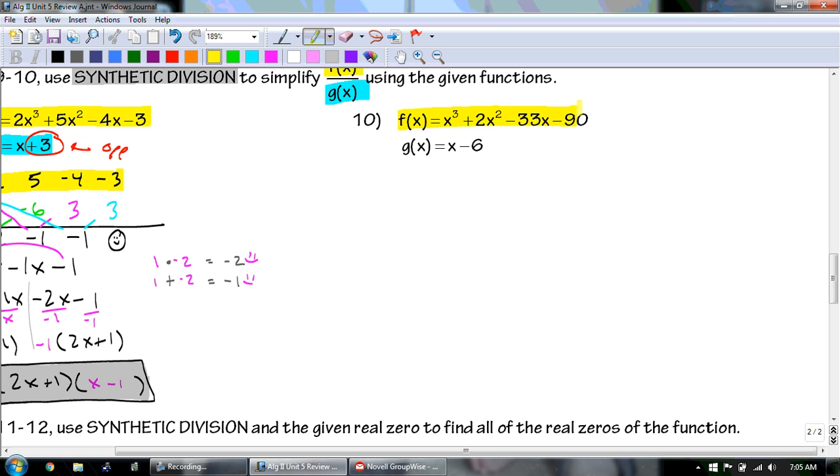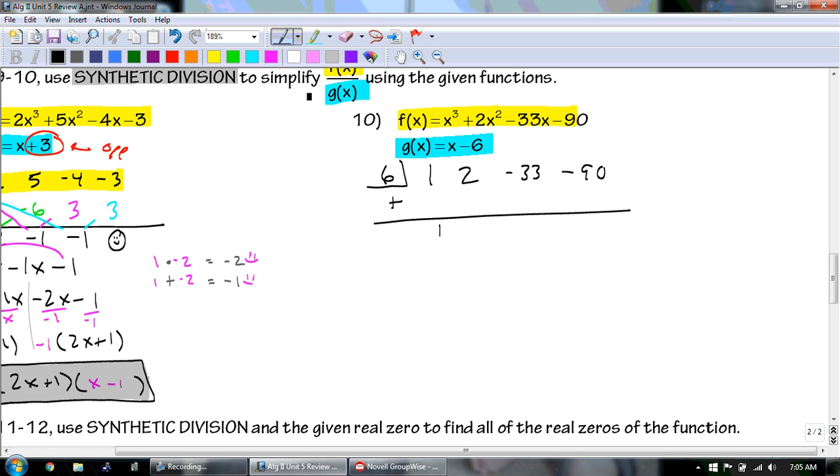So here's my f of x. I'm going to divide it by g of x. So that means the -6. I take the opposite of -6, so it's a +6. And then I look at all my coefficients, the 1, the 2, the -33, and the -90.